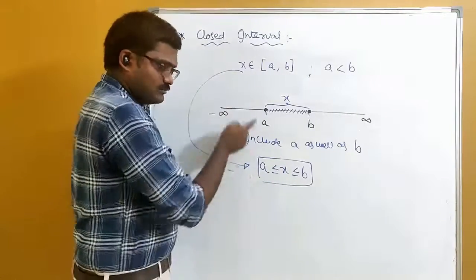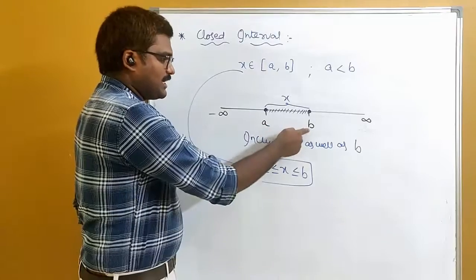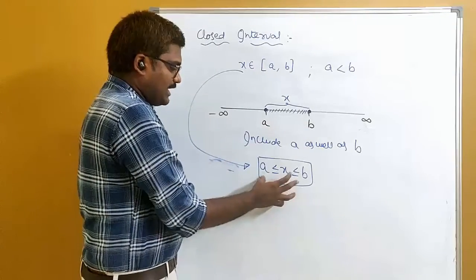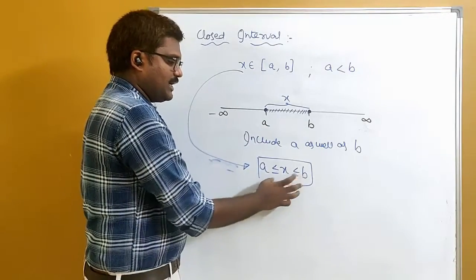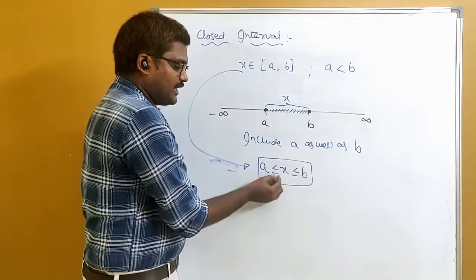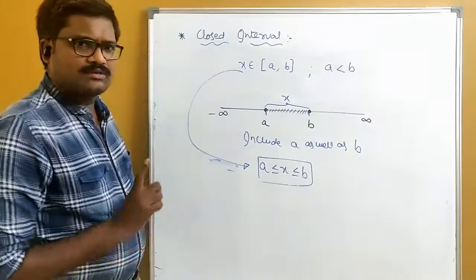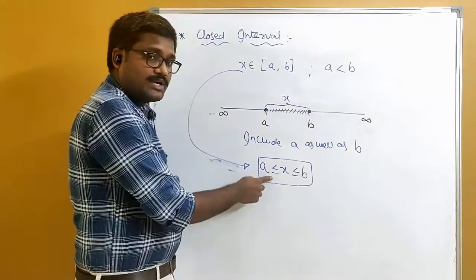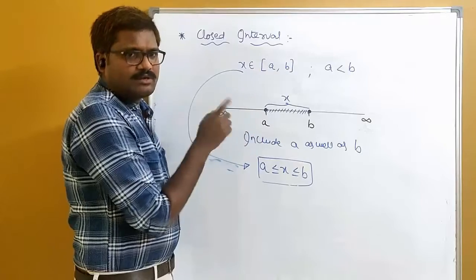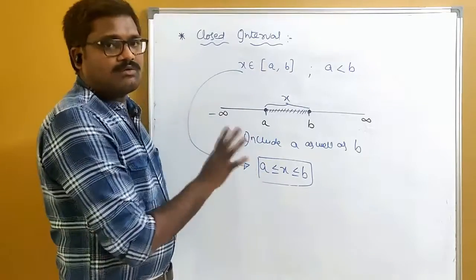So these two are one and the same. Closed interval A comma B means I will take all the values of x between A and B, as well as I am including A and B also. That's why I am using equality. So whenever there is closed bracket, you have to use equality. Whenever there is open bracket, you should not use equality.